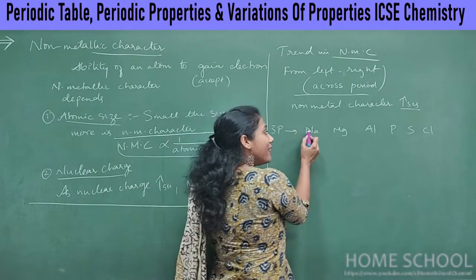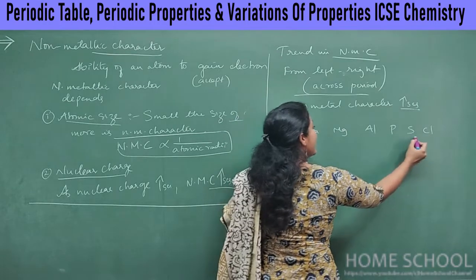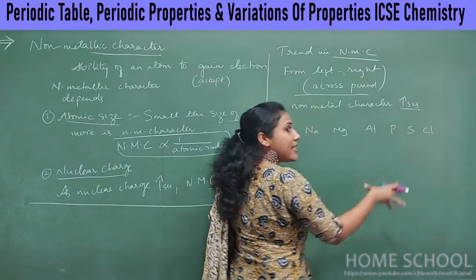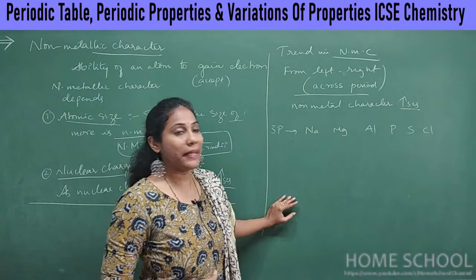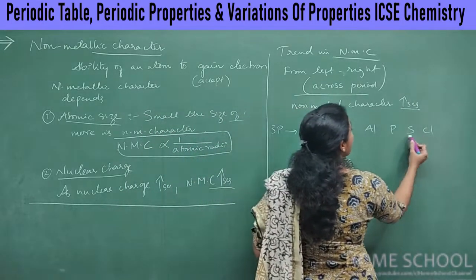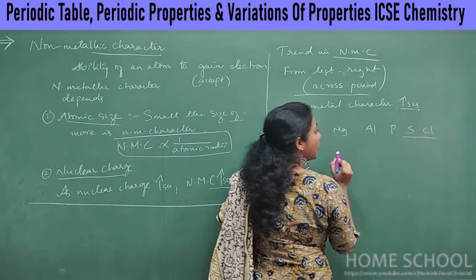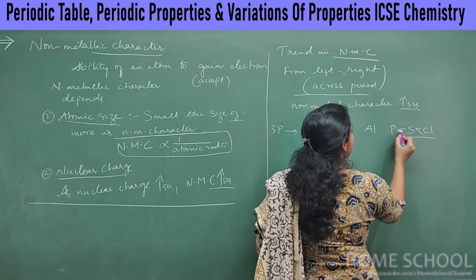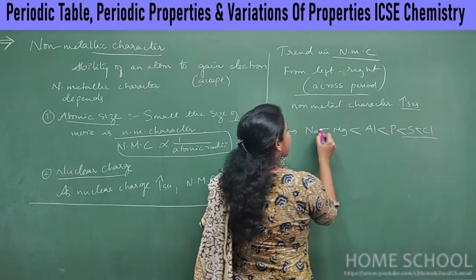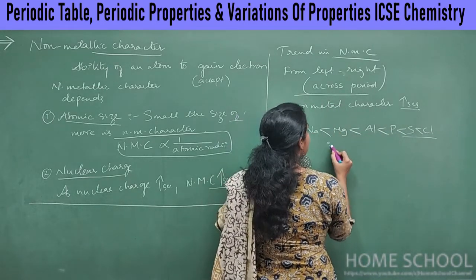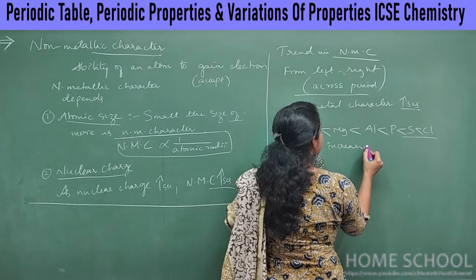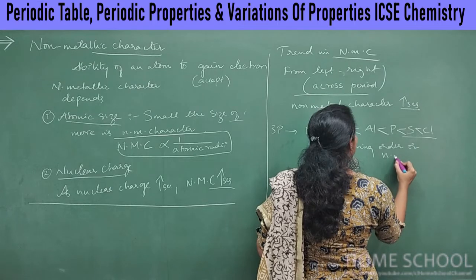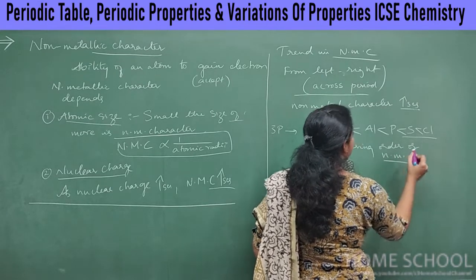From left to right, the size will decrease, and the elements which are smaller in size are always the most non-metallic. So definitely chlorine is the most non-metallic. I can arrange them like this; this is the increasing order of non-metallic character.